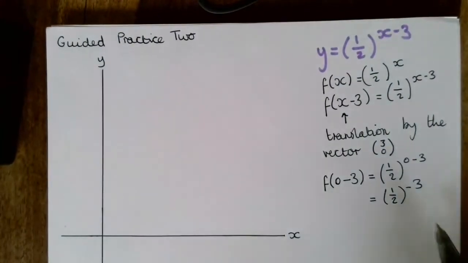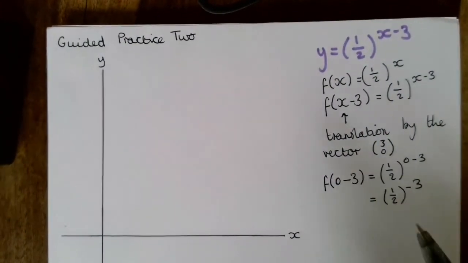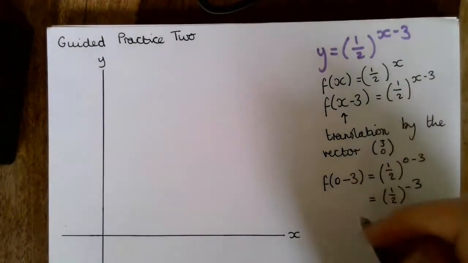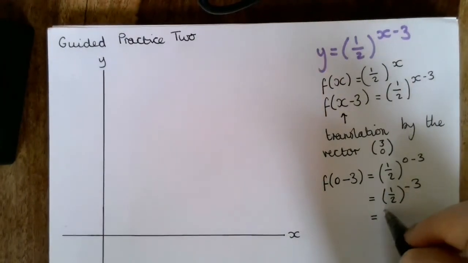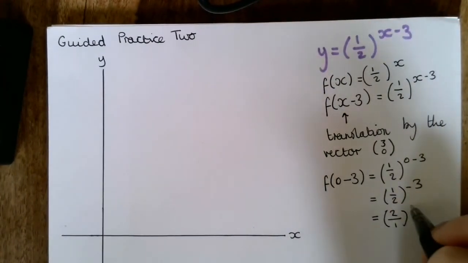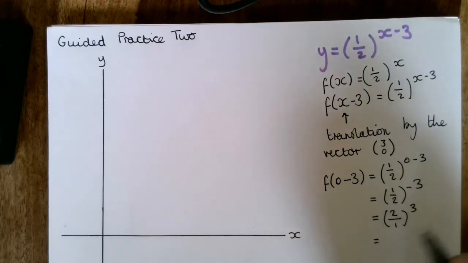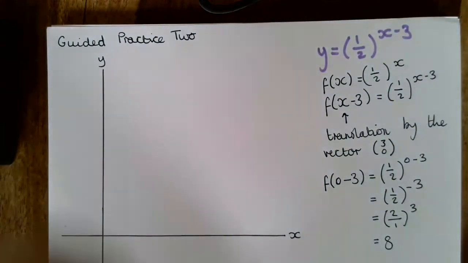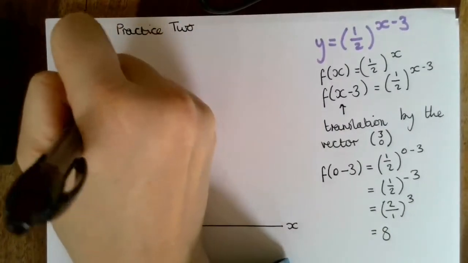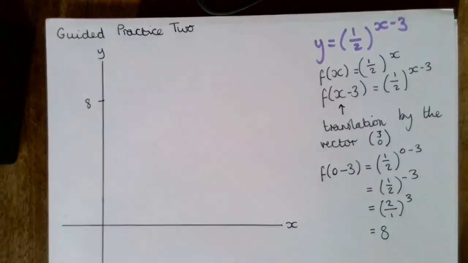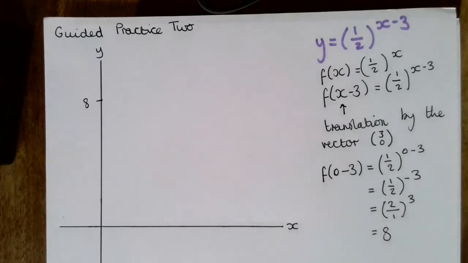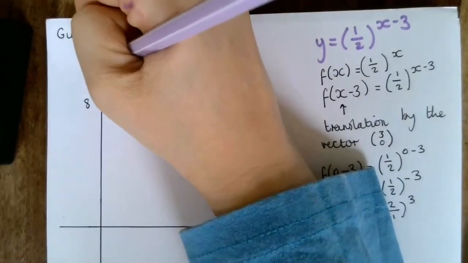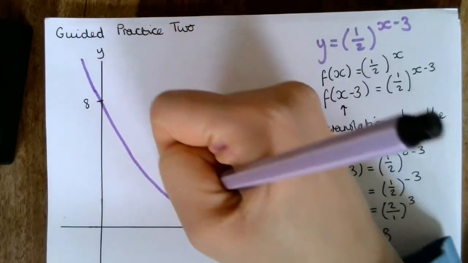So we've got a fraction to the power of a negative number, so we're going to do the reciprocal to the power of 3, which is just going to be 2 to the power of 3, which is 8. So we know that our y-intercept is going to be at 8, and it's going to have the same form as our previous example. So it's going to look something like this.